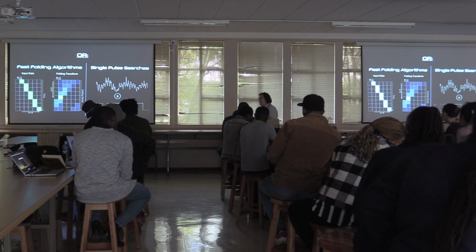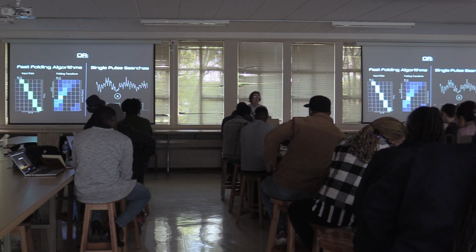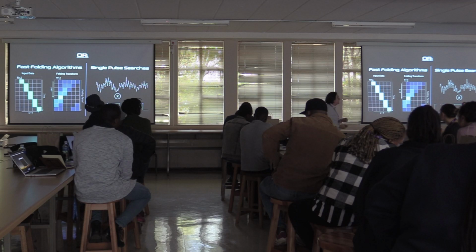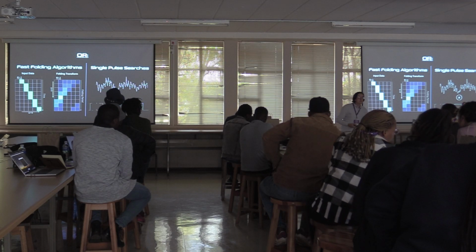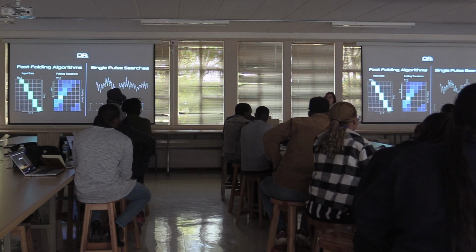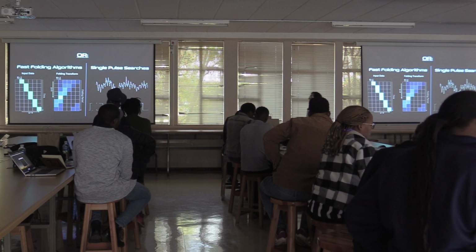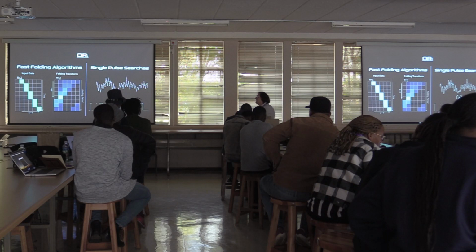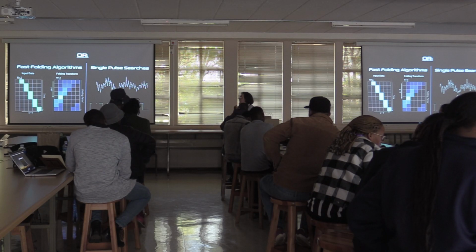It's a very simple approach, but it is very computationally expensive. And it is only recently that it's become possible computationally to carry out these fast folding searches, and a couple of telescopes have now incorporated these into their pipelines.